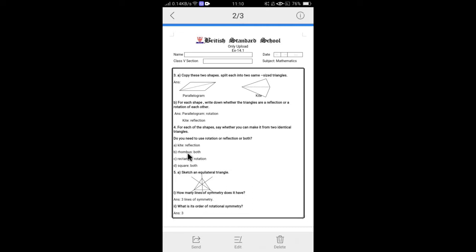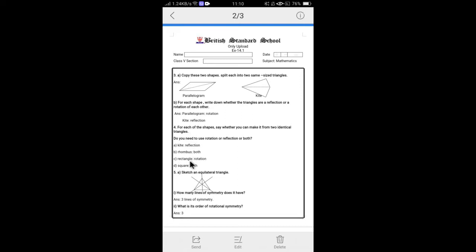That's why, whenever we cut the rhombus along a diagonal, the exactly opposite side comes, so reflection is possible, and rotation can also happen. As I said, those are regular shapes with equal sides, so easily you can remember these will be both. A rhombus and a square are regular shapes, all their sides are equal. So rhombus and square are both, meaning reflection and rotation are possible.